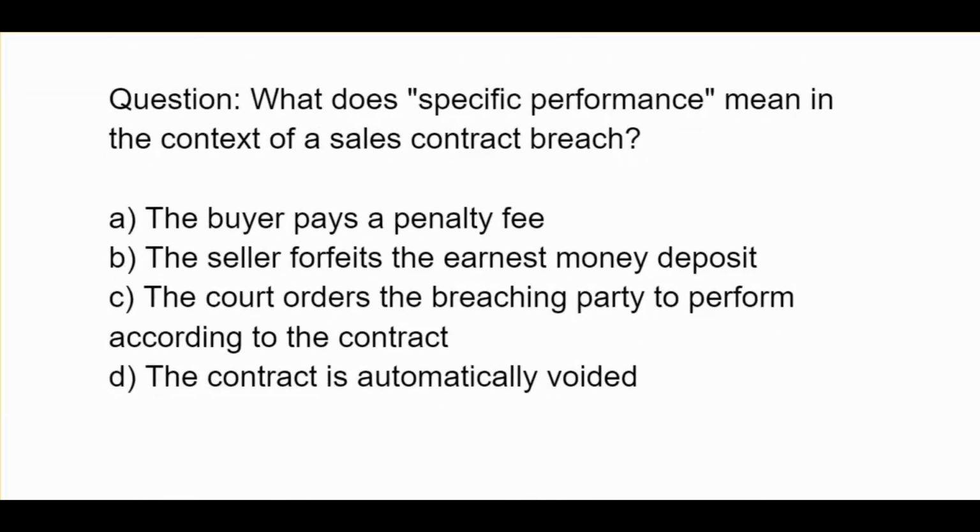What does specific performance mean in the context of a sales contract breach? A, the buyer pays a penalty fee. B, the seller forfeits the earnest money deposit. C, the court orders the breaching party to perform according to the contract. D, the contract is automatically voided.